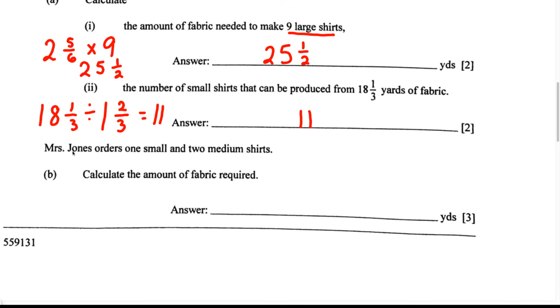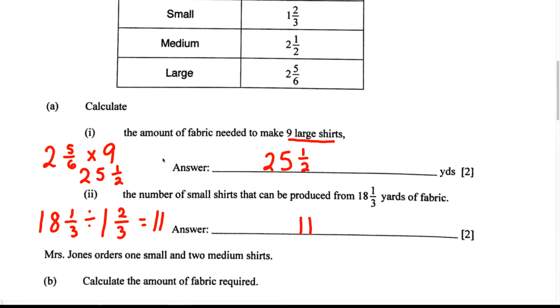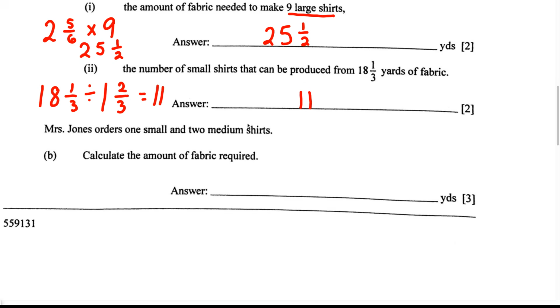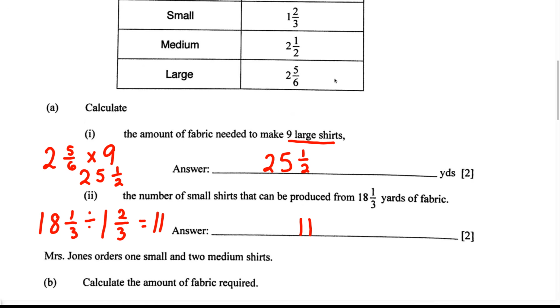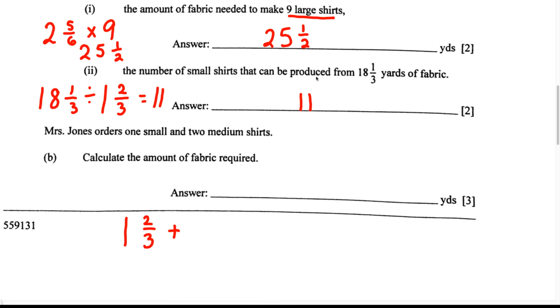Now it says, Mistress Jones ordered 1 small and 2 medium shirts. Calculate the amount of fabric required. So if she ordered 1 small shirt, we know it required 1 2/3. So we can write 1 2/3 plus, if she ordered 2 medium shirts, the amount of fabric needed for a medium shirt is 2 1/2.